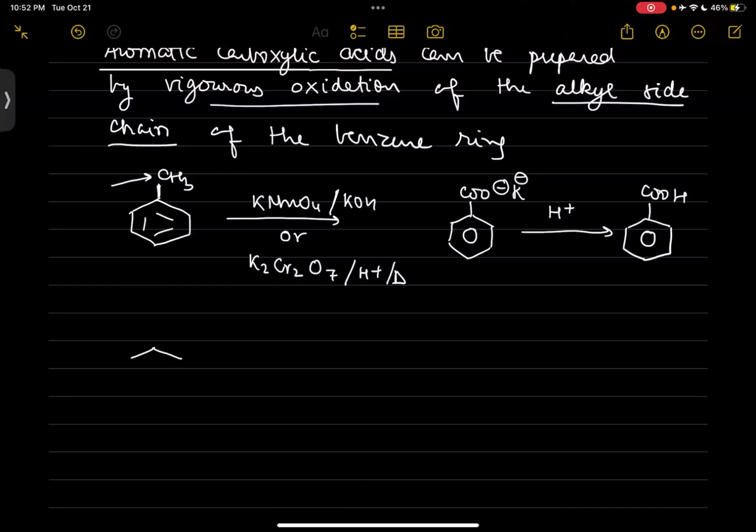The primary and secondary side chains get oxidized, the tertiary side chain doesn't get oxidized. It remains as it is. Suppose you have CH3, CH2, CH3, a propyl group. It should not be a tertiary group. Got it?